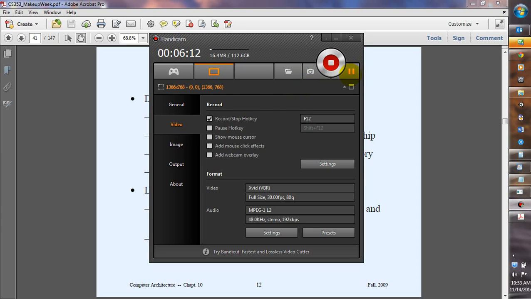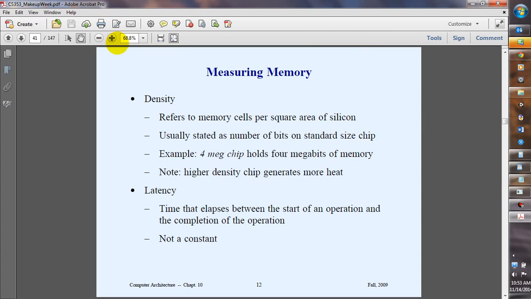When referring to density, we want to talk about the number of bits on its standard chip. So a 4 meg chip holds 4 megabits of memory, for example. This is just how much memory is on each chip.